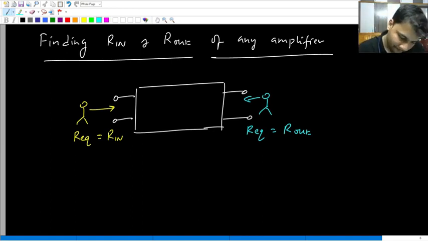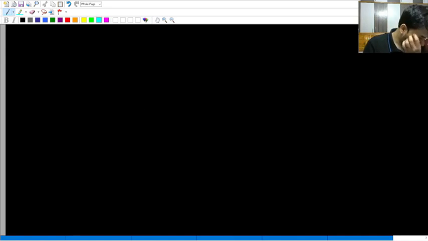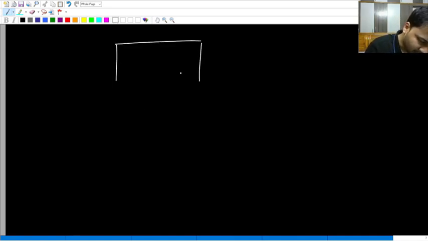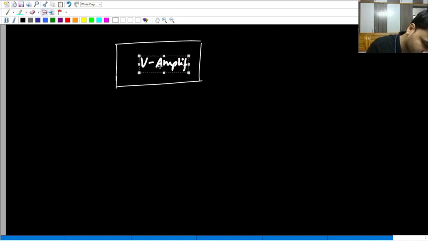Now let us slightly modify our definitions of Rin and Rout. Let us take the case of a voltage amplifier. Let us say this box is a voltage amplifier.